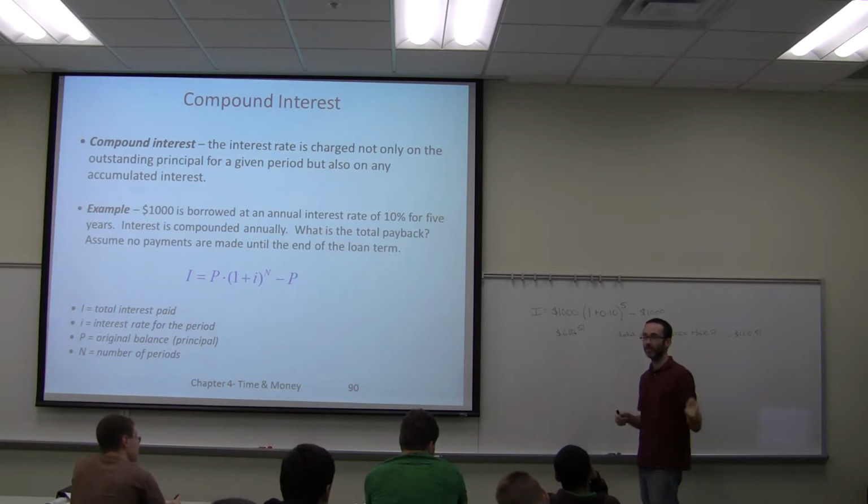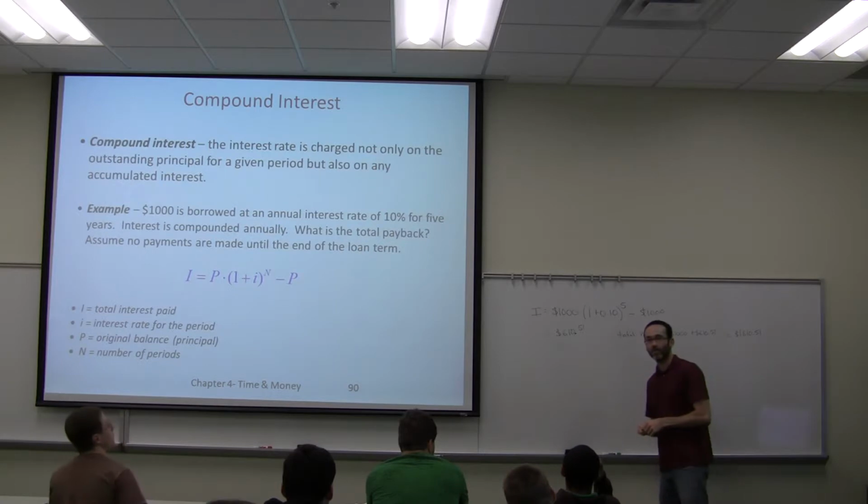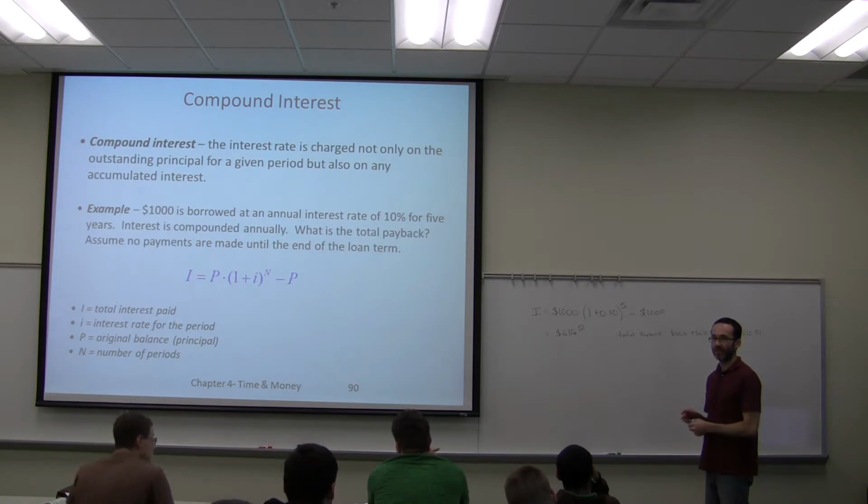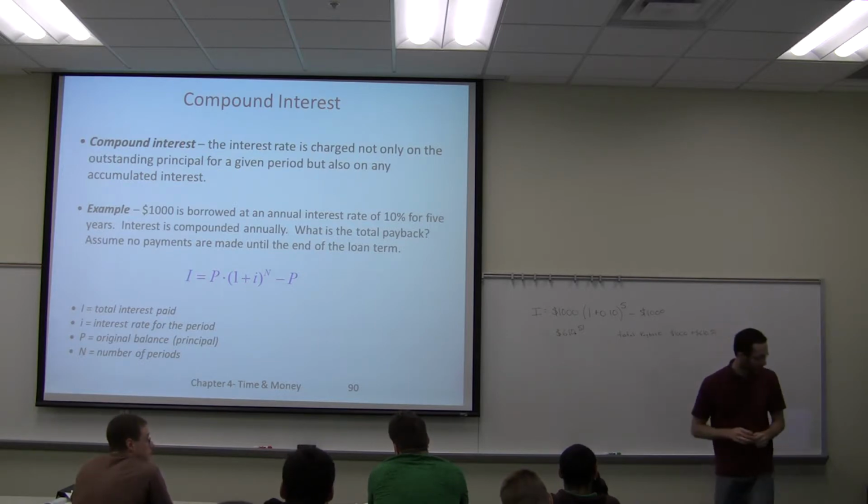But we didn't. We let it ride to the very end. So it's sort of like, at the beginning we owed $1,000, but then at the end of year one, we owed them $1,100. And so between year 1 and year 2, they charged us 10% interest on the $1,100 that we owed, not just on the $1,000.